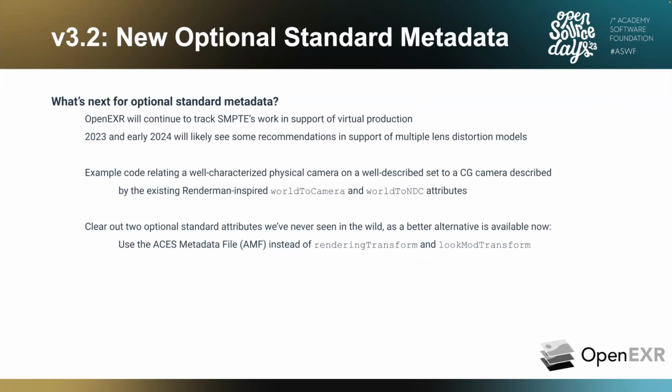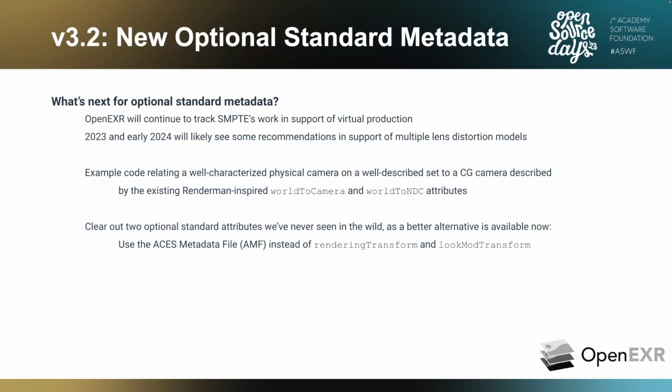A couple more things that we will have coming. We'll keep tracking the SMPTE thing. There'll likely be some additional metadata for supporting various lens distortion models. We'll consider adding that. Provide an example of how to take a real-world camera and match the model to a CG camera and the traditional RenderMan-inspired attributes here.